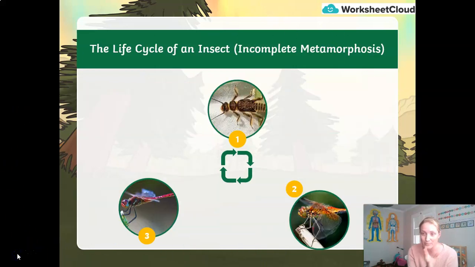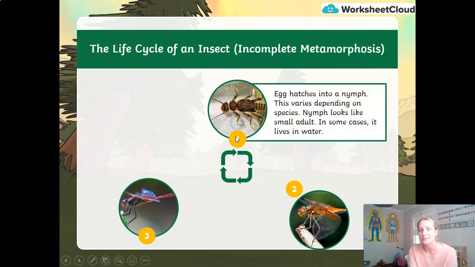So that was a complete metamorphosis, and then I said the other way insects can have a life cycle is an incomplete one. So here's an example of an incomplete one. This one's a dragonfly. So here, eggs hatch just the same as the complete metamorphosis, but they hatch into something we call a nymph.